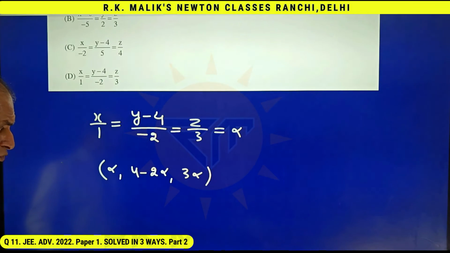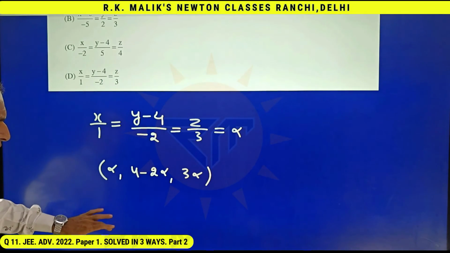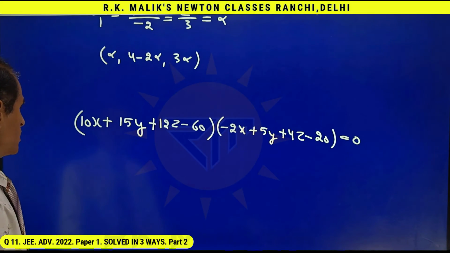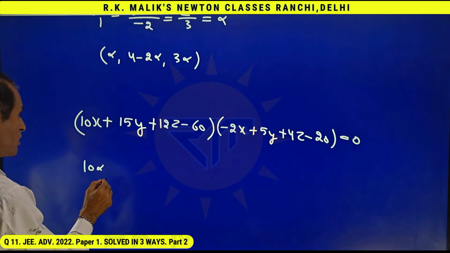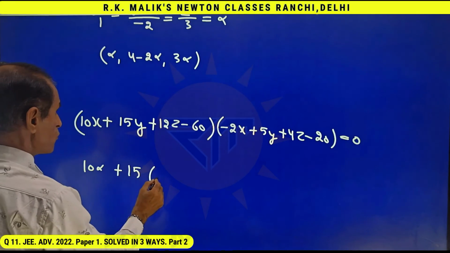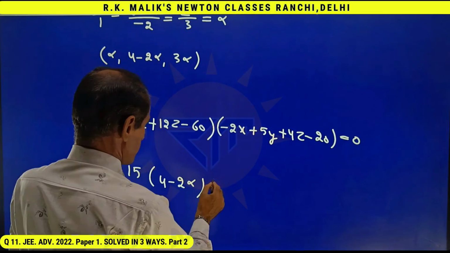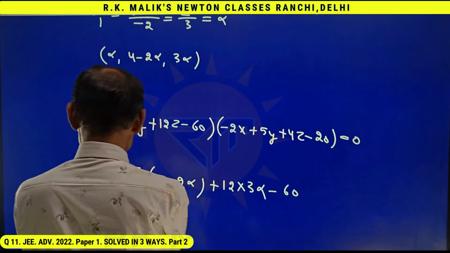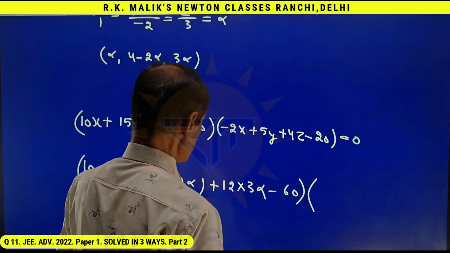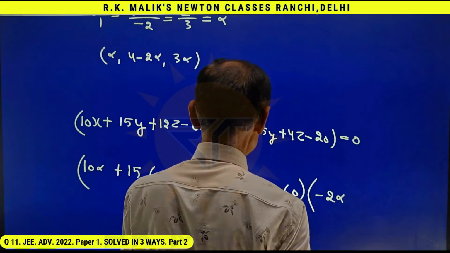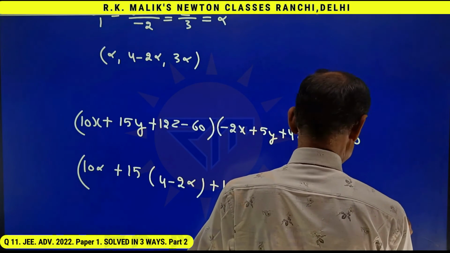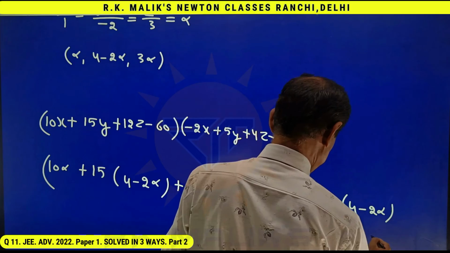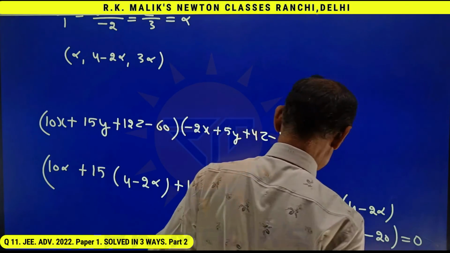And as in the previous cases also, I will put this point in this combined equation, and now putting this point in this equation, I get 10 into alpha plus 15 into 4 minus 2 alpha plus 12 into 3 alpha minus 60 into minus 2 alpha plus 5 into 4 minus 2 alpha plus 4 into 3 alpha minus 20 equal to 0.